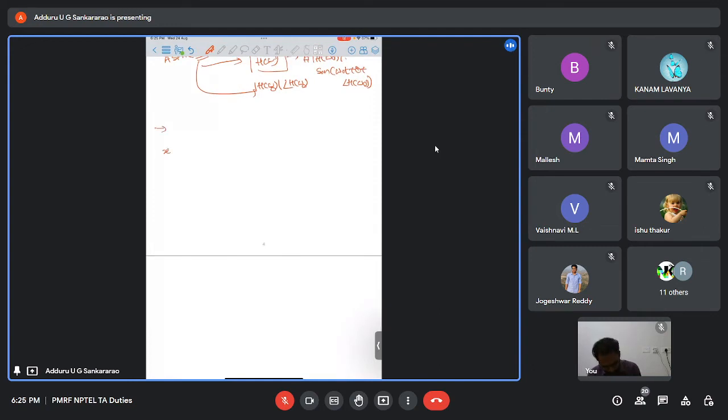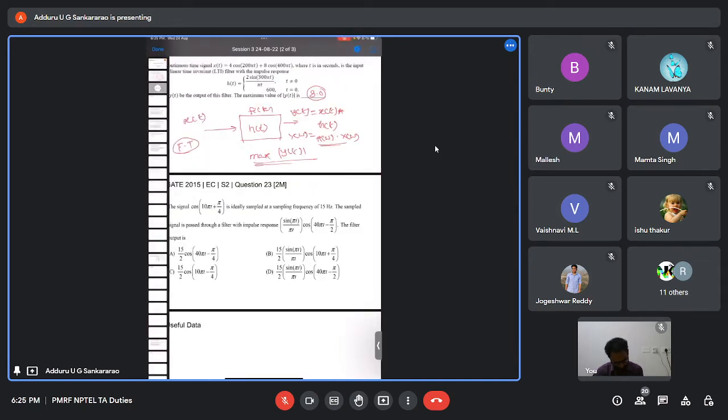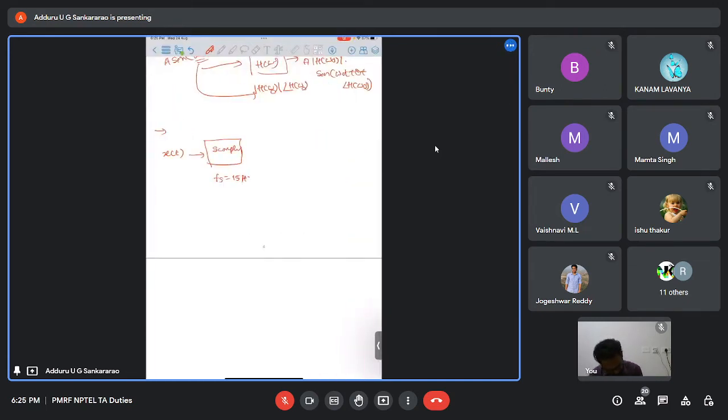Suppose x of t is a signal. This first goes through a sampler with sampling frequency fs of 15 Hz. Let us say the output of the sampler is x delta of t. Now this is passed through a filter h of t. Then we need to find y of t.